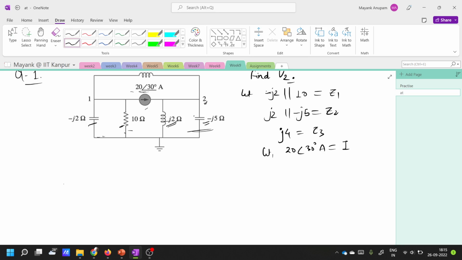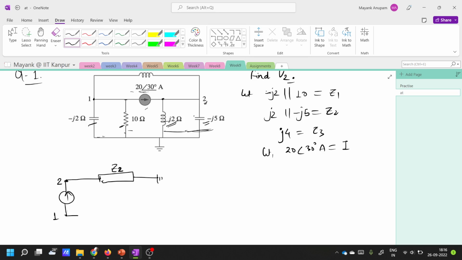The equivalent circuit will become, let's first write this current source I. Now one node of I is this first node, and this is the second node. So this current source has two nodes, 1 and 2. Similarly I have written 1 and 2 here. Now the second node is connected to the impedance Z2, and then it is grounded here.